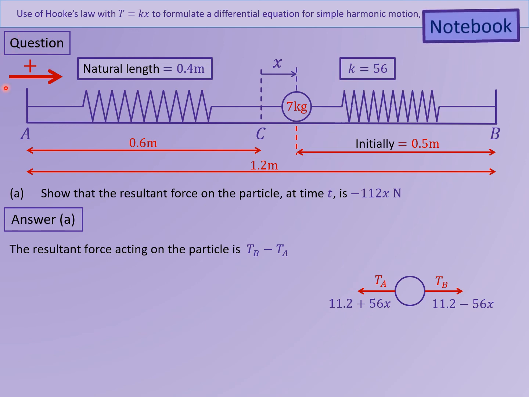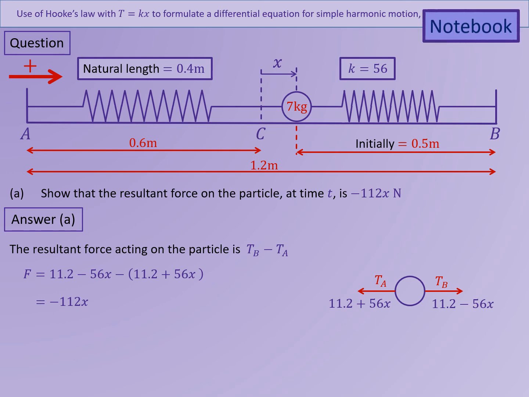That's why the question said taking A to B as positive, because they wanted to produce this negative part just here. So what do I get then? I get that value minus that value gets me minus 112x newtons, exactly like I wanted to show. So that's where that first part came from.